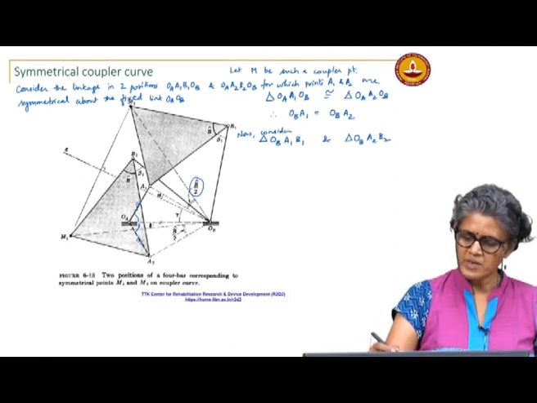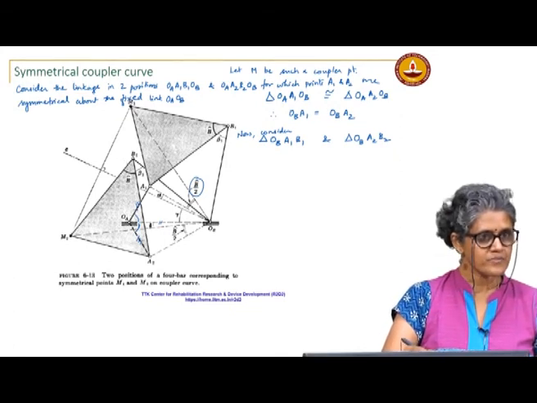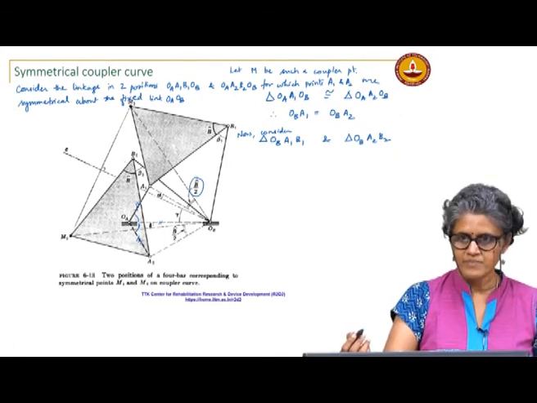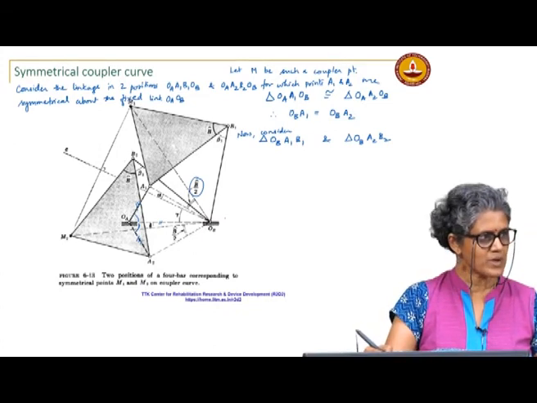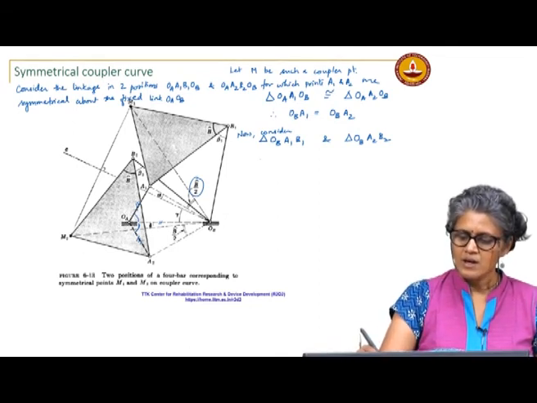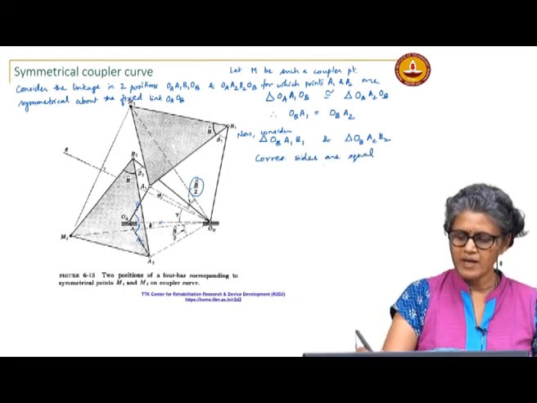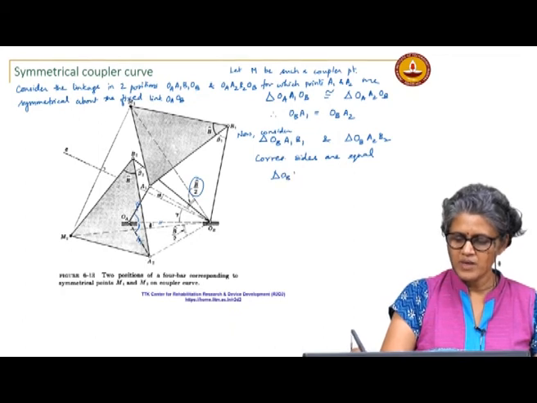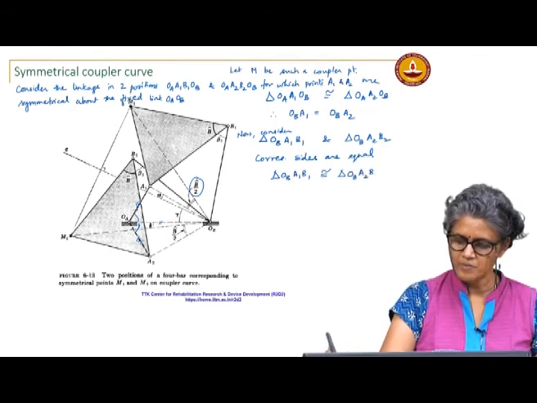Then OB B1 equals OB B2, the follower. And I have shown that OB A2 equals OB A1 because the corresponding sides are equal. So by SSS, triangle OB A1 B1 is congruent to triangle OB A2 B2.